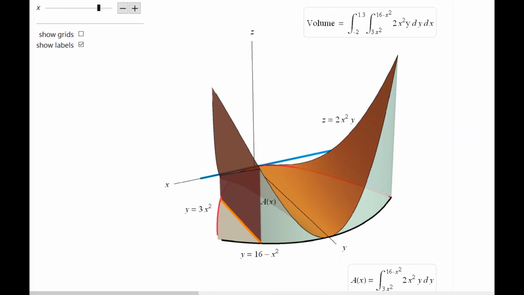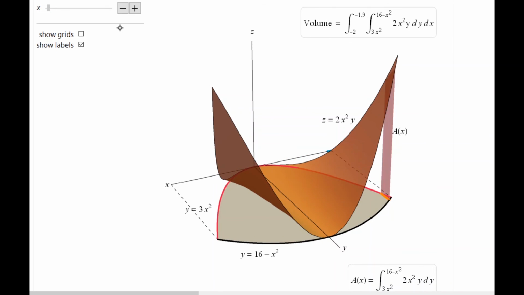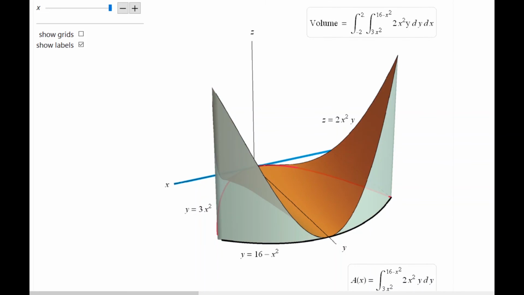We start at x equals minus 2, and we increase. That greenish color there is the volume we've computed so far. We keep increasing x until we get to x equals 2, and we get the volume under the graph that you see there.